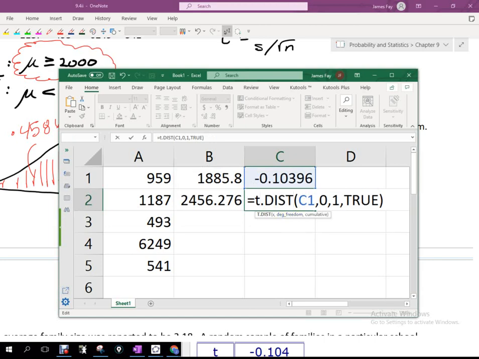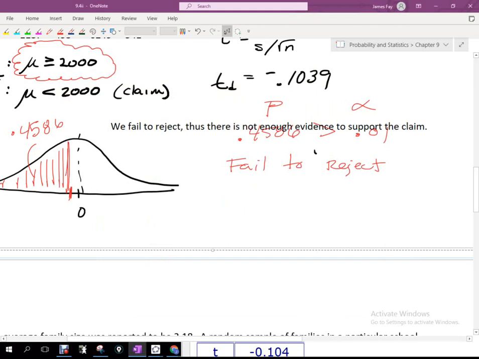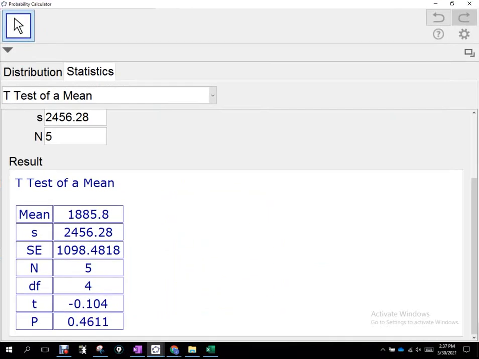T-distribution, degrees of freedom would have been 4, and then true. It still gives us that 0.4611. Still the same conclusion, so that's my fault on that. But that's where that's coming from. Does that make sense? Okay.